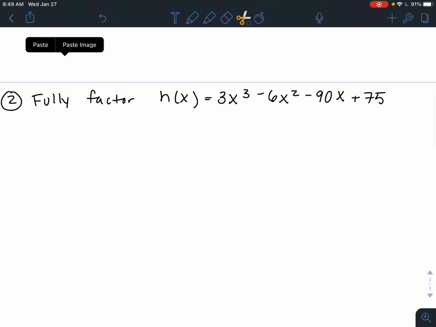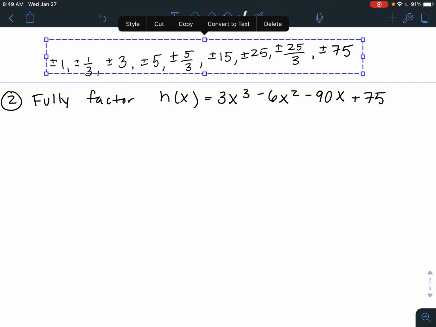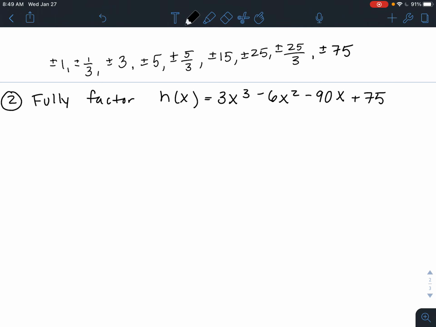So I'm just going to move them down so I can see them down here too. One thing I noticed right off the bat is that this function has a GCF of 3. So I'm going to go ahead and factor the 3 out front because I want to fully factor anyway, so I'm going to have to do it eventually. So I'm going to pull out the 3.